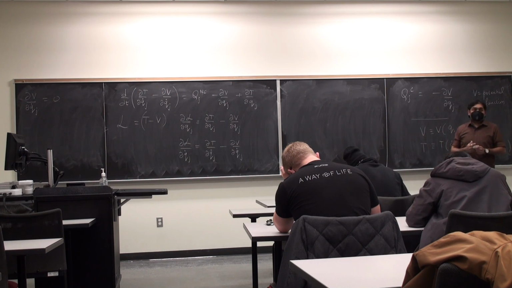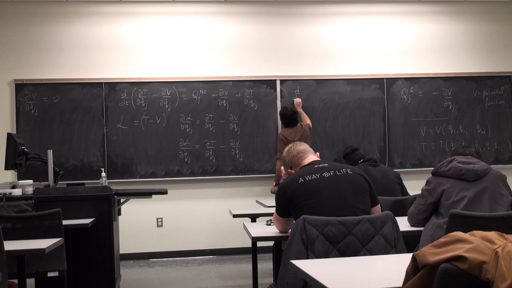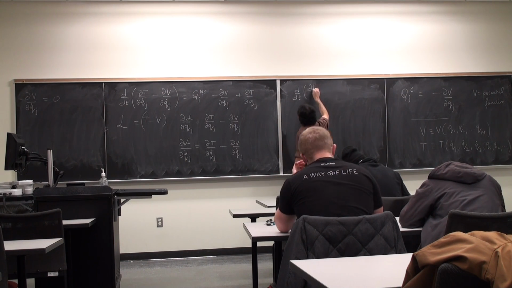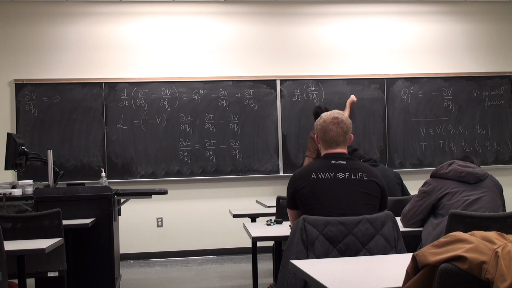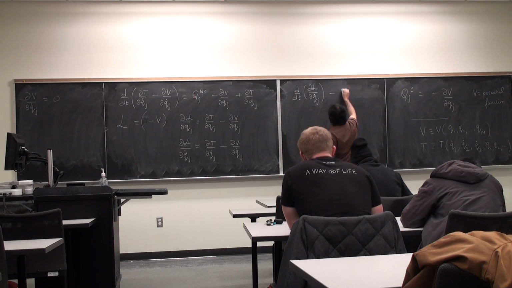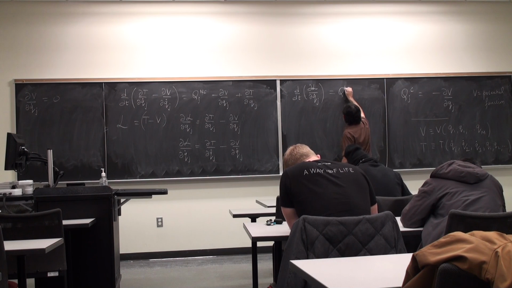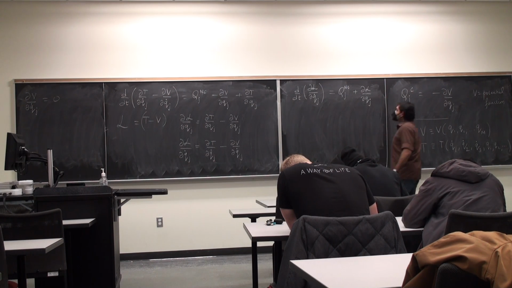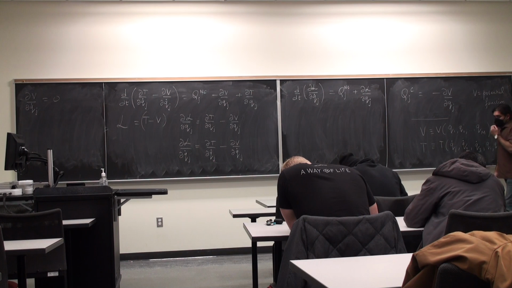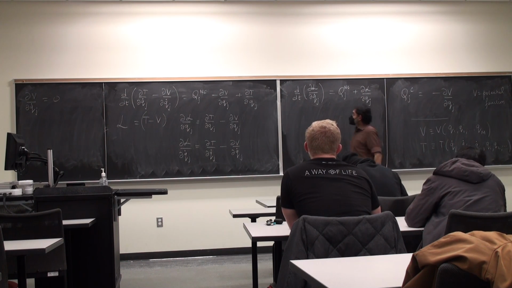So we can now write the generic equation. d by dt of dL by dqj dot minus dL by dqj is equal to Qj non-conservative, under the following caveats. This is for a holonomic system first.